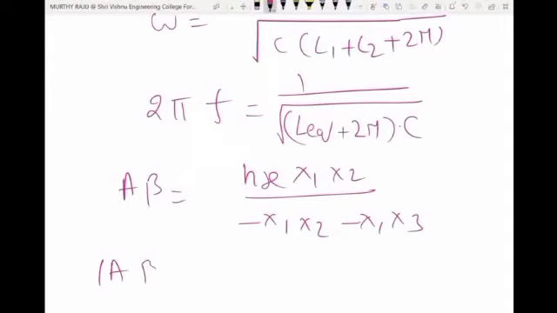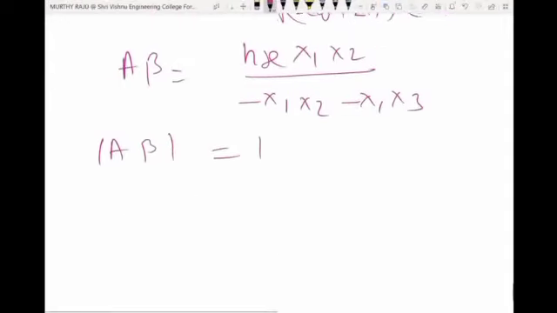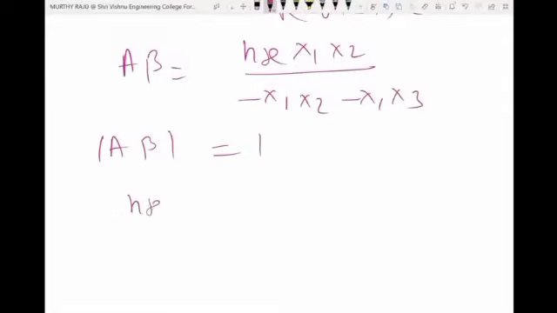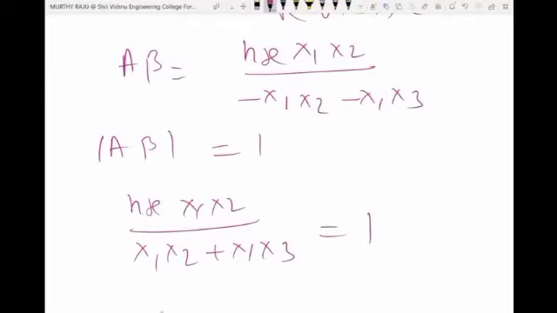Mod A beta is equal to 1 for sustained oscillations. Therefore, h of e x1 x2, the minus sign is converted to plus sign, x1 x2 plus x1 x3 is equal to 1.